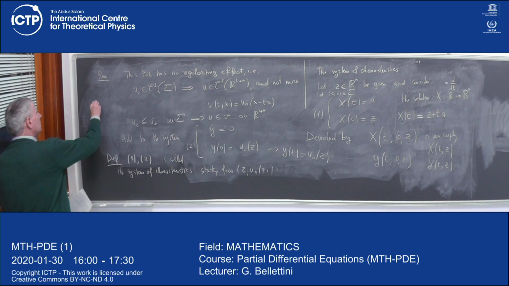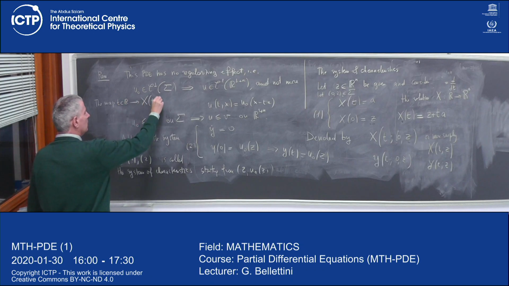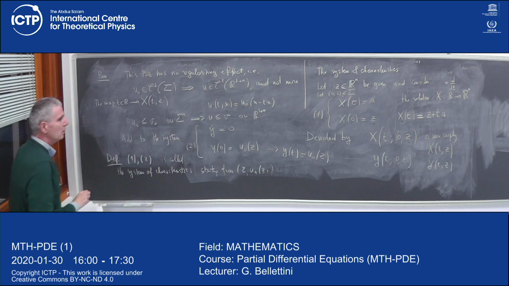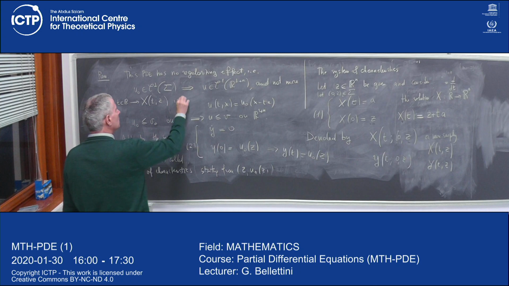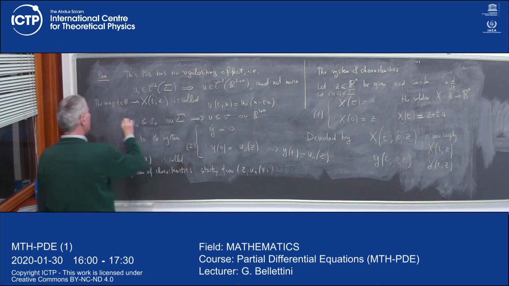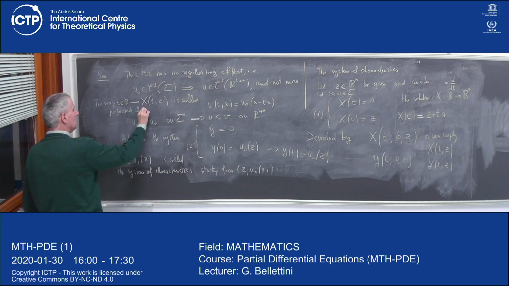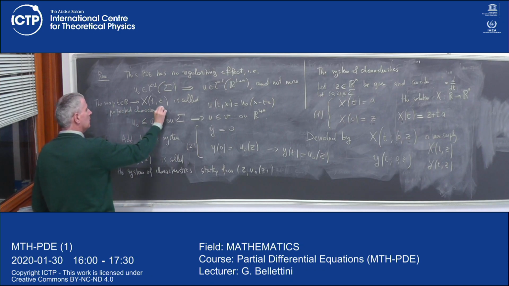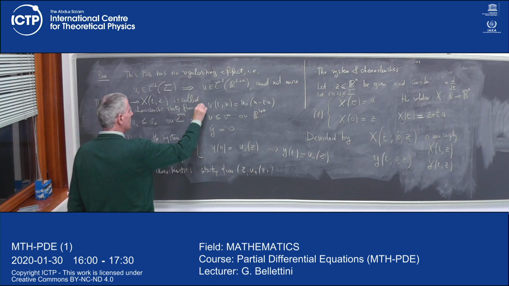The map t into x of t, z is called the projected characteristic starting from z.